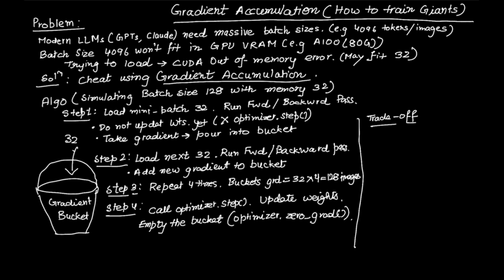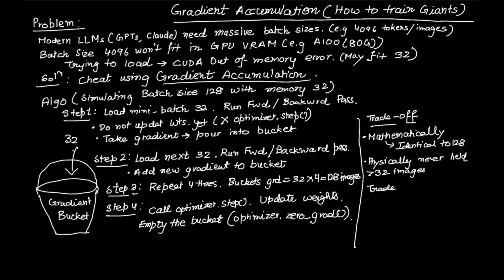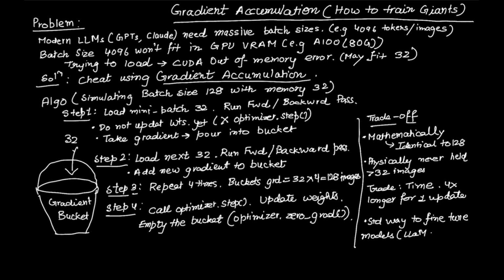Mathematically, this is identical to training with a batch size of 128. Physically, you never held more than 32 images in memory at once. The trade-off: you traded time for memory. It takes 4 times longer to do one update, but you didn't crash your GPU. This is the standard way to fine-tune models like Llama 3 or Mistral on consumer hardware.